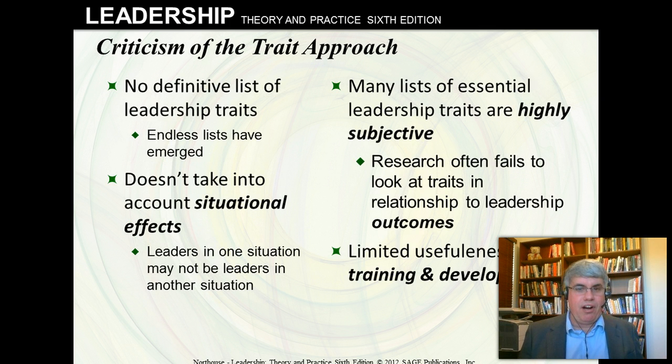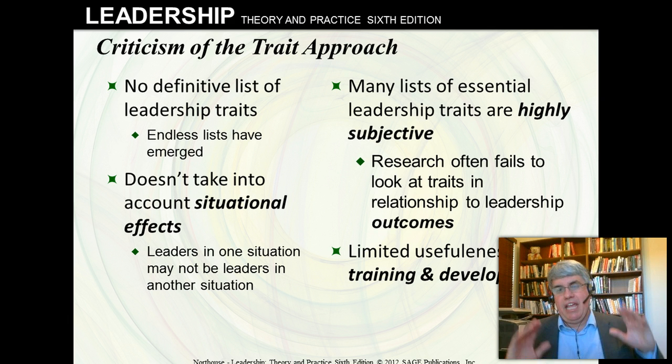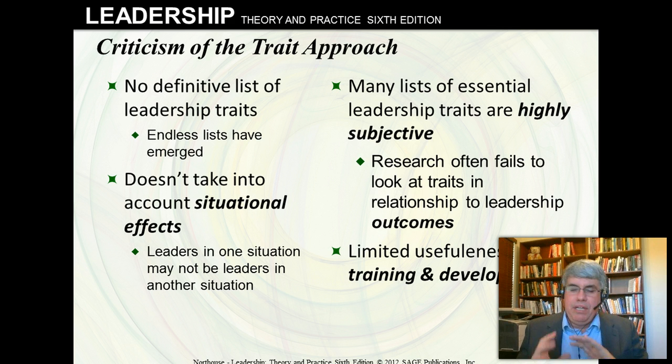But there are also some negatives associated with the trait approach. And the trait approach is often rightfully criticized. First of all, there's no definitive list of leadership traits. There are endless lists of traits that have emerged. We know some that are very strong predictors of good leadership.